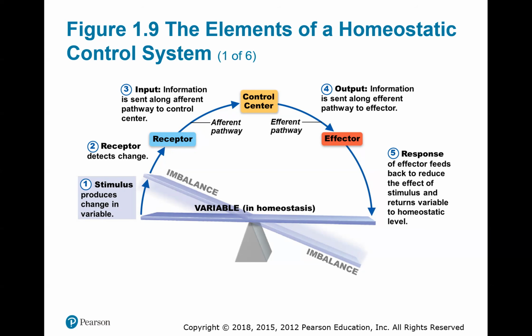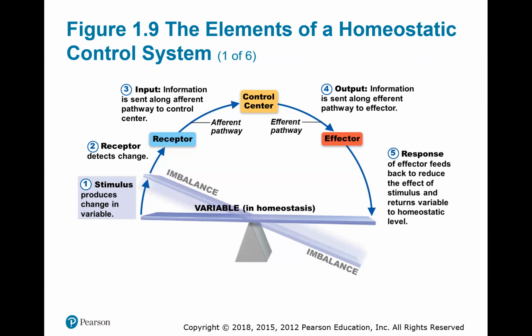The control center picks up this input, this information that was carried along this pathway. It either says, yes, I like it, or no, I don't like it. And depending on what changes, output is sent to the effector, and the effector is going to make a response. Usually the effector is either a muscle or a gland that's going to carry out this response. And the whole goal is, again, to bring it back to this normal homeostatic level.